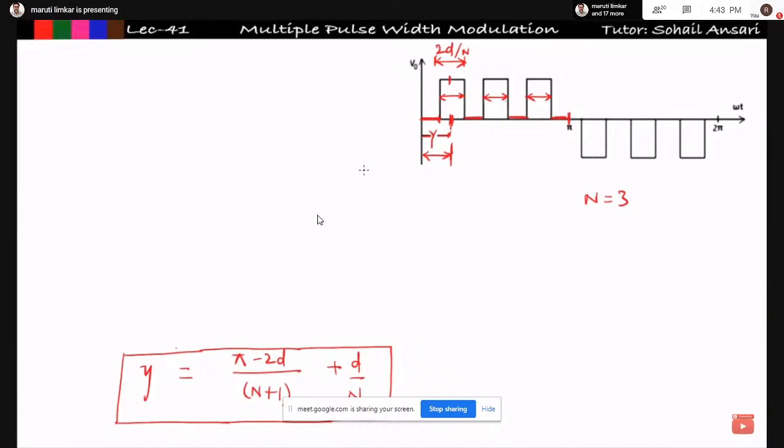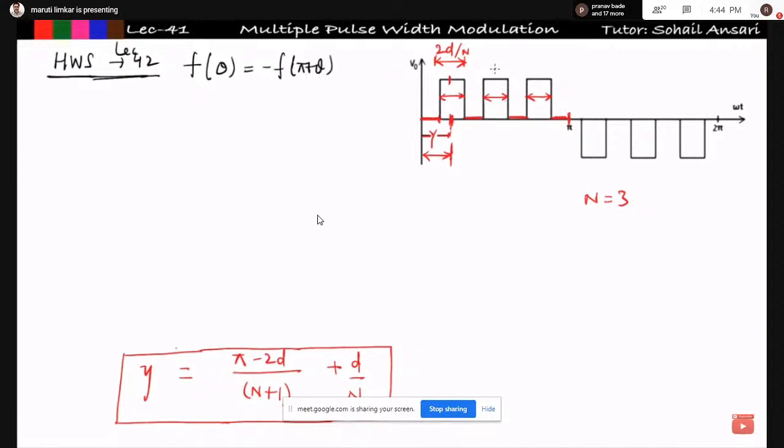First, see whether this function has half wave symmetry or not. Of course, this function has half wave symmetry. This is the mathematical part of Fourier series, and I will explain it in lecture number 42. Don't worry. Till now, just understand that the condition of half wave symmetry is f of theta equals minus f of pi plus theta.